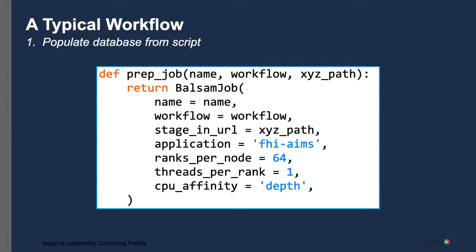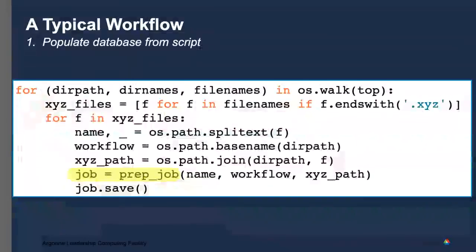I'll go into much more detail on this later on. And we might use Python to crawl over a large directory of inputs. For each input that we find, we can create a Balsam job task and save it to the database, as shown in these last two lines. So this is typically how we get our work into the database.